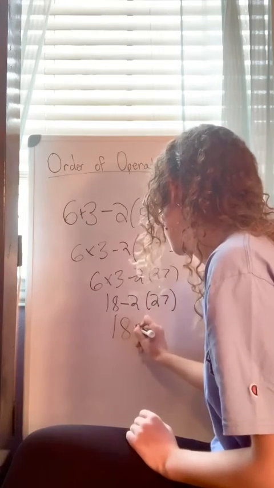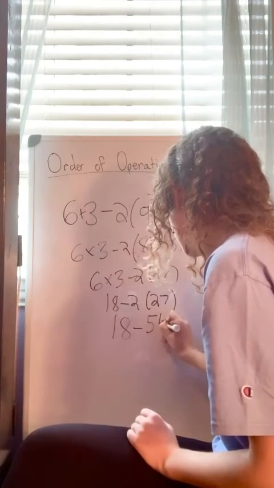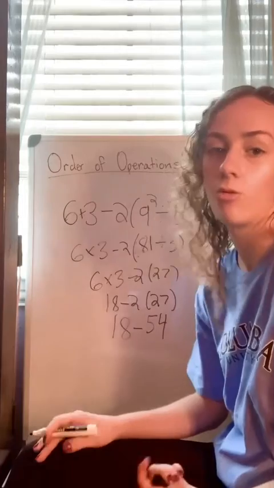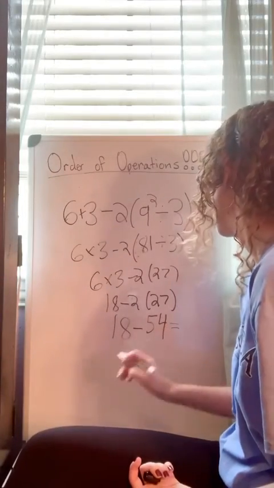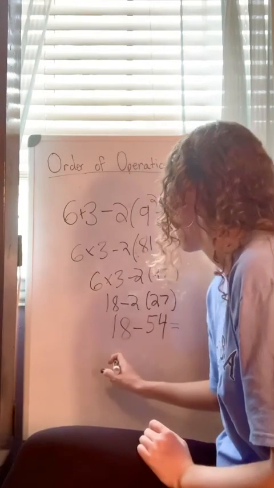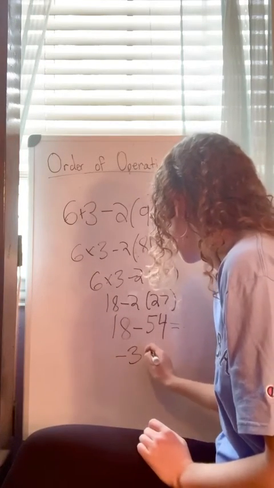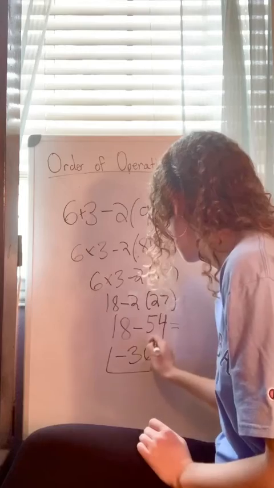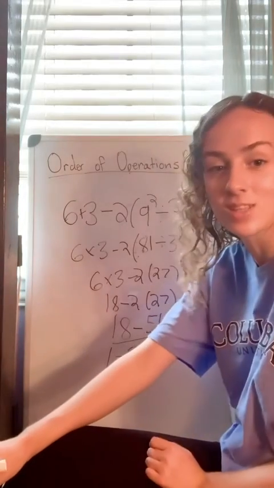So our last step is 18 minus 54, or 18 plus negative 54, whichever you choose. This is the last step in our equation, and yes, the answer is negative. The answer is negative 36, and that is how you solve the last equation.